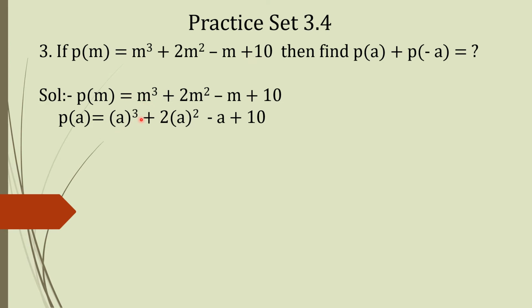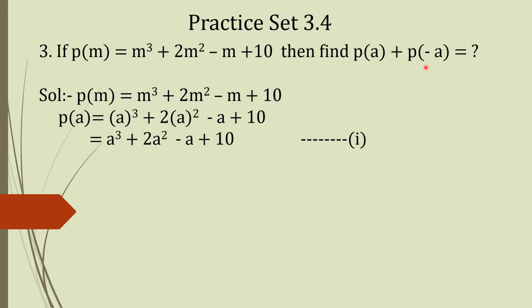So a whole cube plus 2 into a square, then minus m will be replaced by minus a, and plus 10 as it is. So our next step will be to open the brackets and write down the answer: a cube plus 2a square minus a plus 10. Let's call this relation number 1.